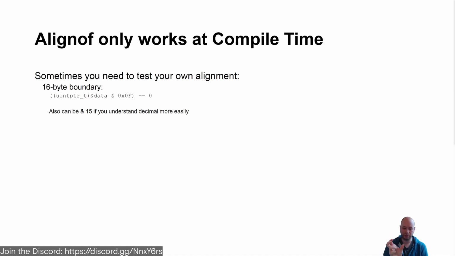What you're doing is taking the value of the pointer, converting it into an integer, and then looking at its last few bits to understand whether or not we're on that byte boundary. Whether using 0xF or the value 15, it doesn't really matter. Essentially, you're figuring out, does my memory location start at a multiple of 16? You can also do this with a modulo operator as well.